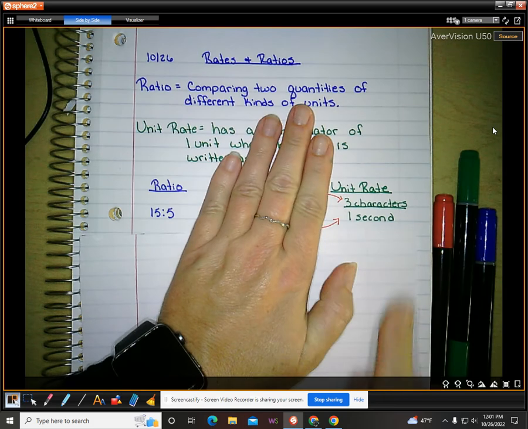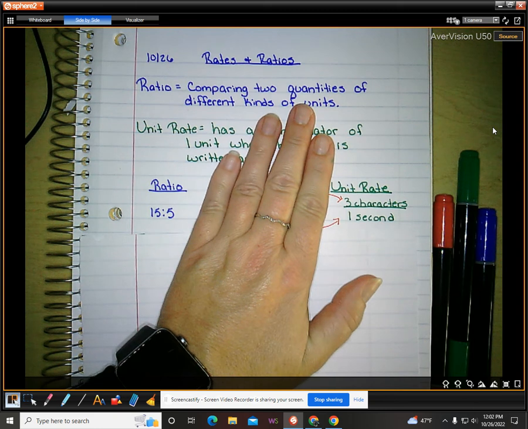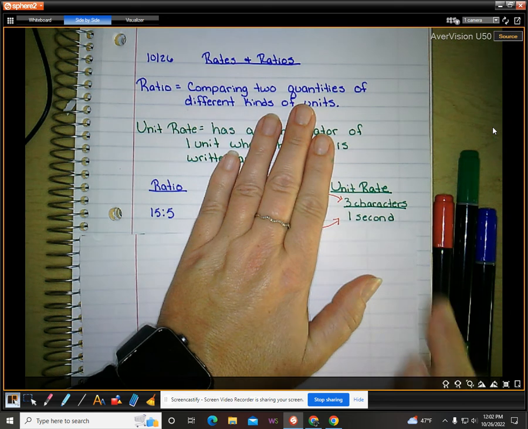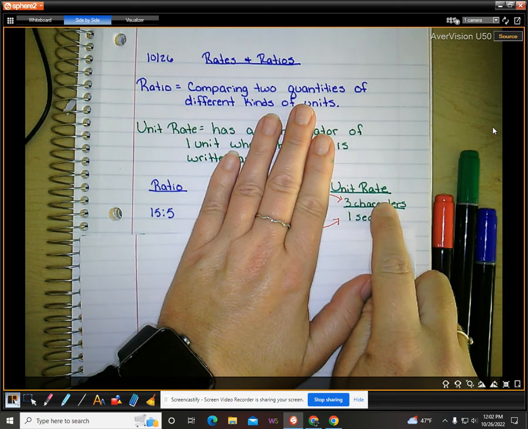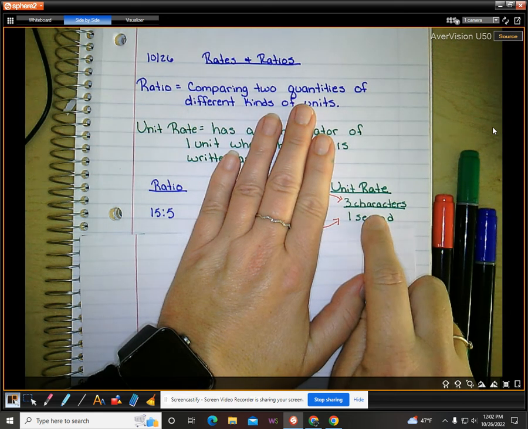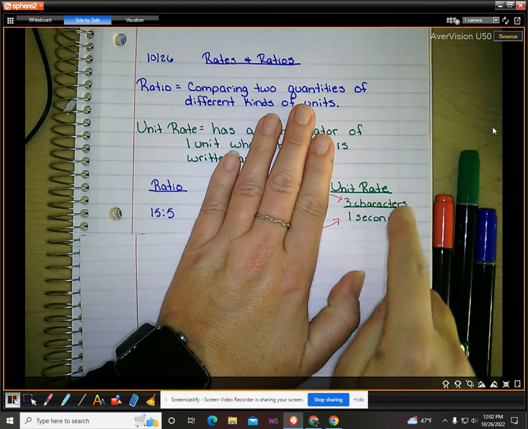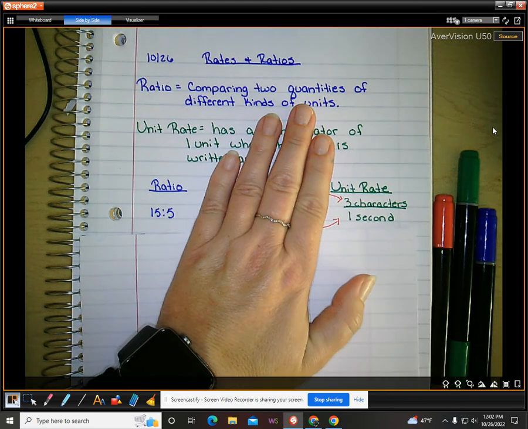Then, using this unit rate, I could find out how many characters I could type in 20 seconds. I could find out how many characters I could type in 60 seconds. Because I know every second I'm typing 3 characters. So I can always find out other rates based on my unit rate.